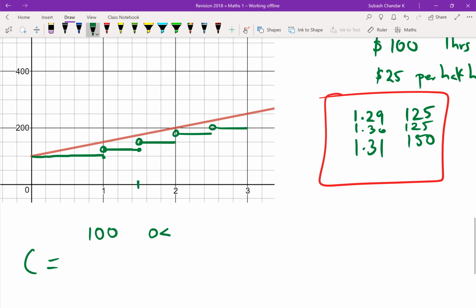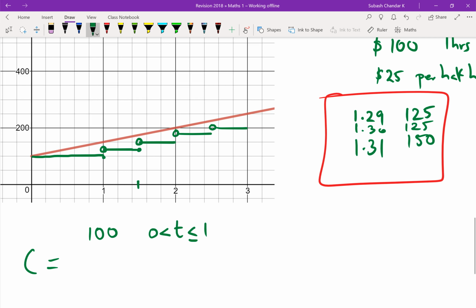Yeah, because we don't want to put equals, because otherwise we're going to pay him $100 for doing absolutely nothing. All right, so you don't want to put an equals there. We're going to put 0 to 1. But at 1 hour, is that included in the $100? So that means we'd put that.